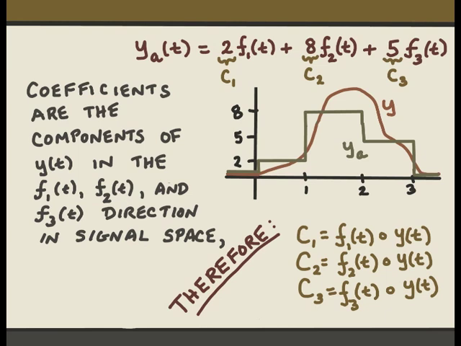These coefficients are the components of the signal y in the directions of f1, f2, and f3. So this is just like we were doing in the previous lecture. We can find these coefficients by taking the circle product of f1 with y to get c1, f2 with y to get c2, and f3 with y to get c3.